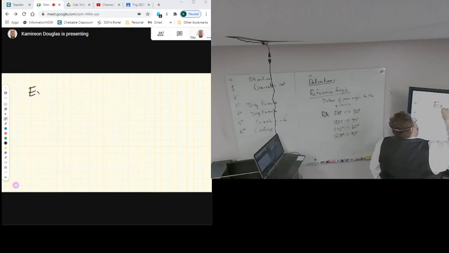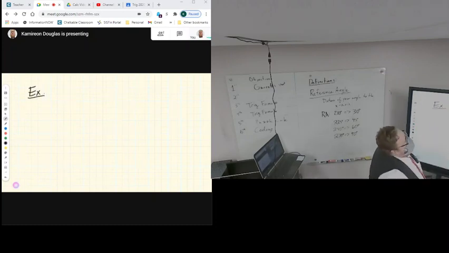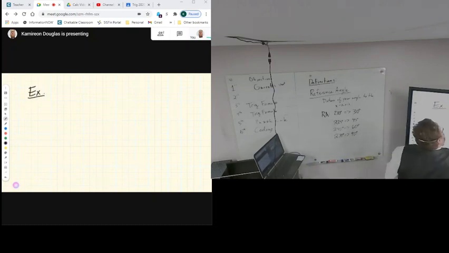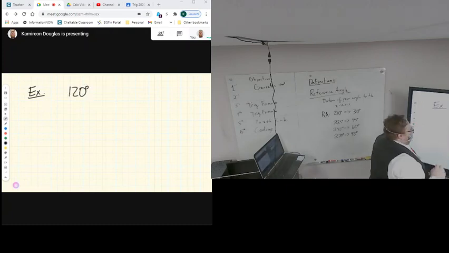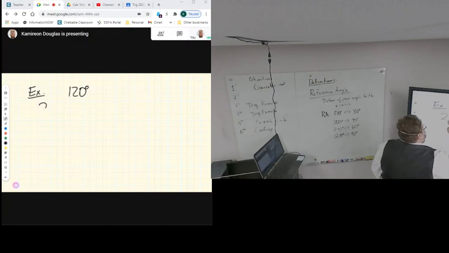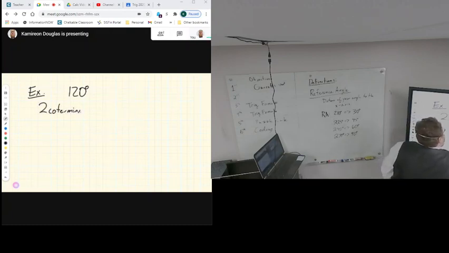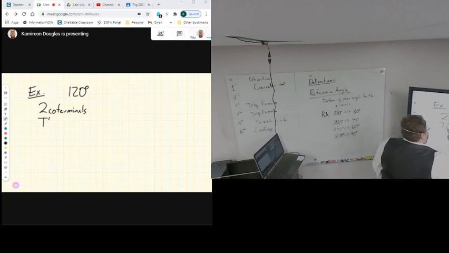Example. Here we go. Let's see. Classic 120 degrees. I want you to tell me 2 coterminals and the reference angle. There's only one.